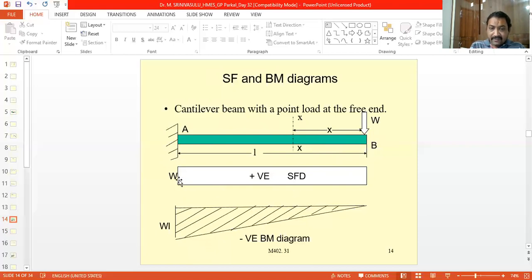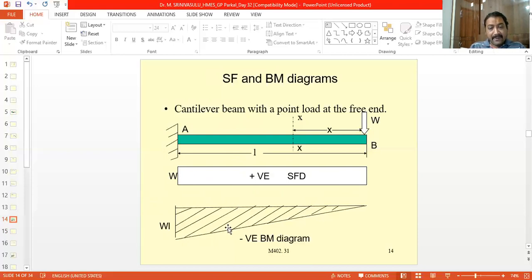Then we draw the first horizontal line, the zero line for the shear force. At points B, A and X the value is equal to plus W, so we join with a rectangle. This diagram will represent the shear force diagram.